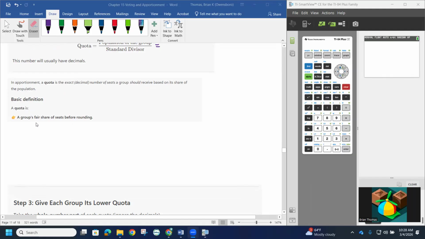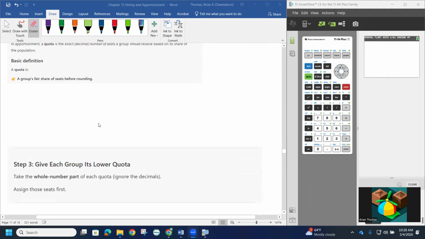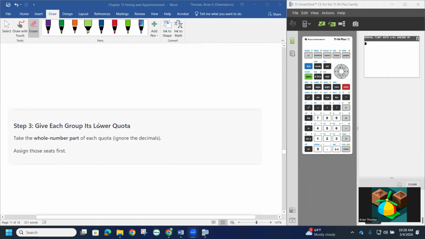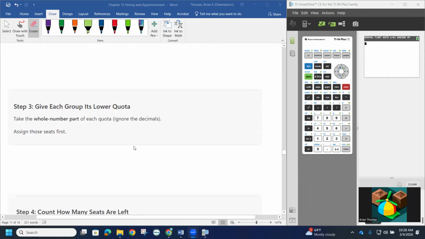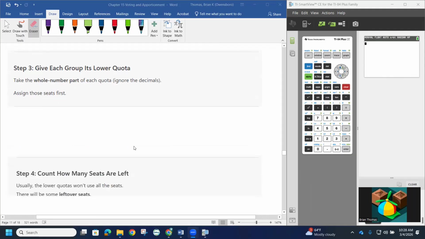The quota is going to be the fair sharing, but again, we can't share a decimal of a seat. So this is when we round down. We give each state or group the lower quota. We take only the whole number part, ignoring the decimal. There's no rounding here. We just ignore the decimal part, and we assign those seats first.